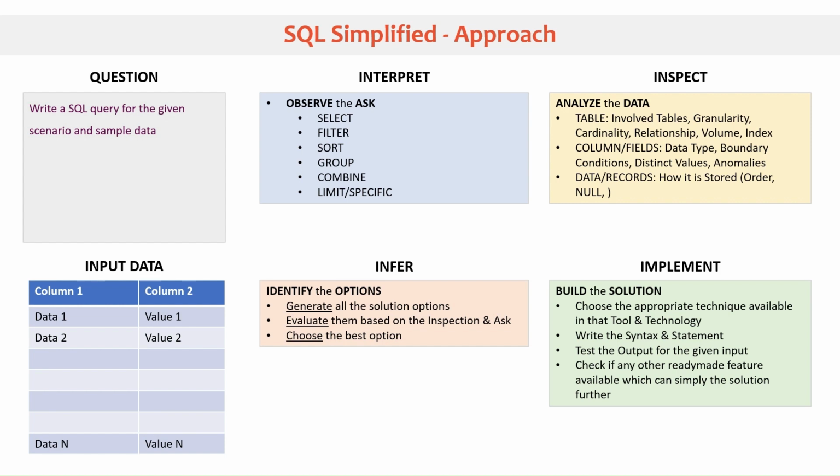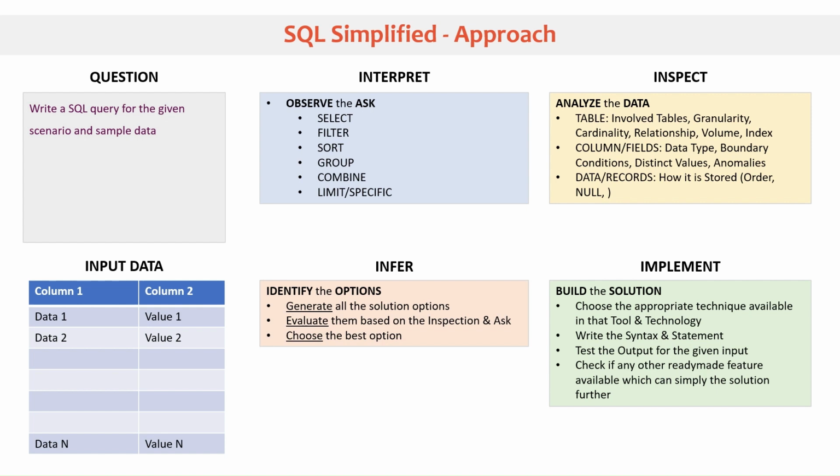Once you complete the solution, try to find out what features are available which you can use, because it is technology dependent. In MySQL, there could be some features. In MS SQL, Microsoft SQL Server, it could be done slightly differently. So you need to evaluate those things, and also based on the latest features of the particular software, find out if any new feature has been introduced which can be used to solve this scenario.